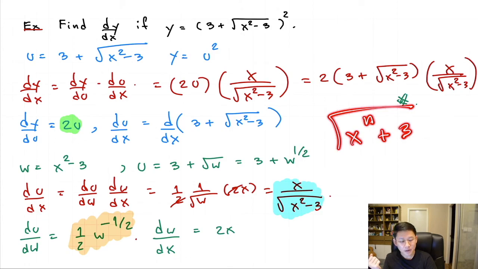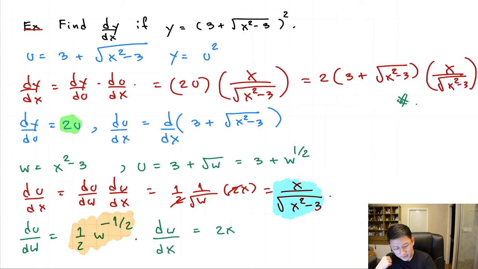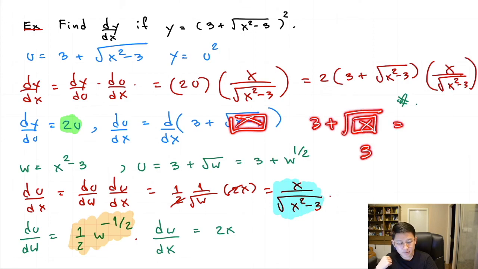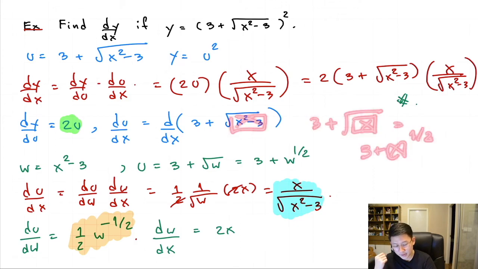But we would know if we let this guy be a big X, and that would be 3 plus big X square root, which is just 3 plus big X to the power of 1/2, and that is differentiable. We know how to differentiate it. So we let w be this guy.